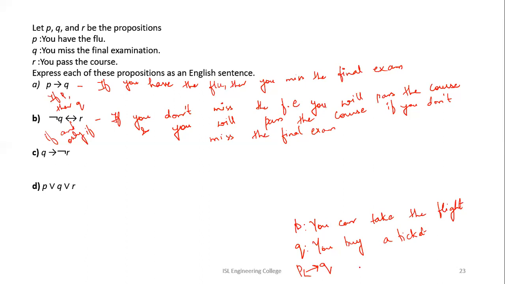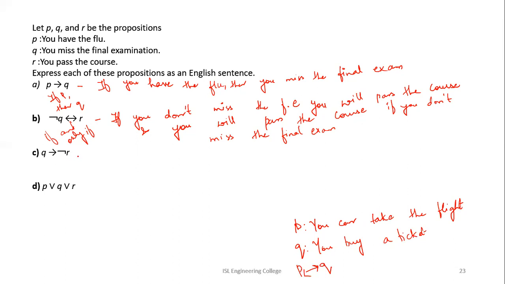Or it can also be you can take the flight if you buy a ticket, and if you buy a ticket, you can take the flight. So both the scenarios should be written for making it simpler in English, because if and only if is not a term that is used in regular English. Okay, so let's continue with the next one.